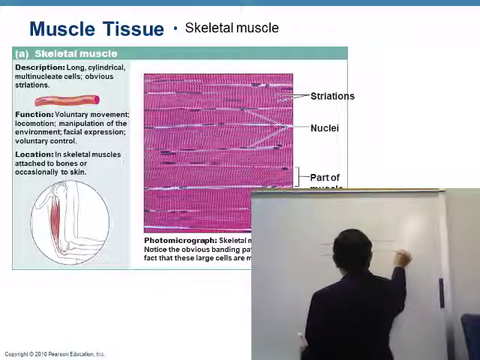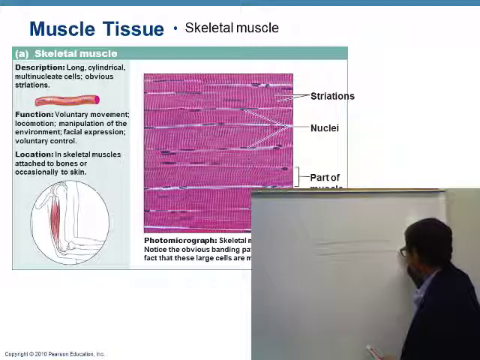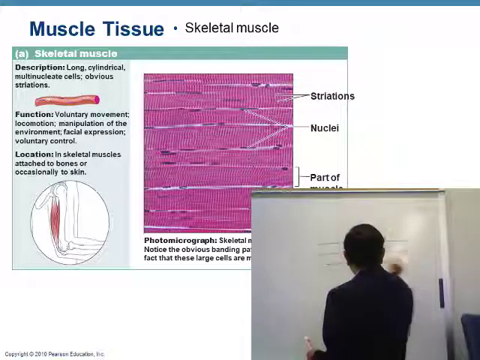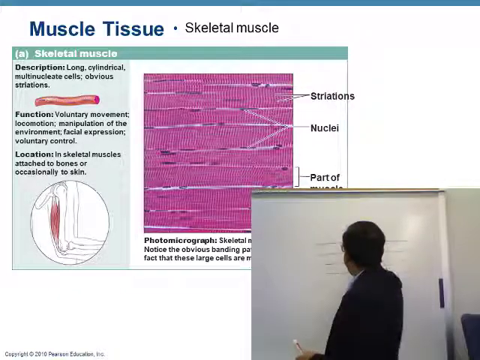Now, if you see a skeletal muscle tissue under the microscope, the muscle fibers are long cylindrical fibers, like this. So this is one fiber, this is another fiber, okay?